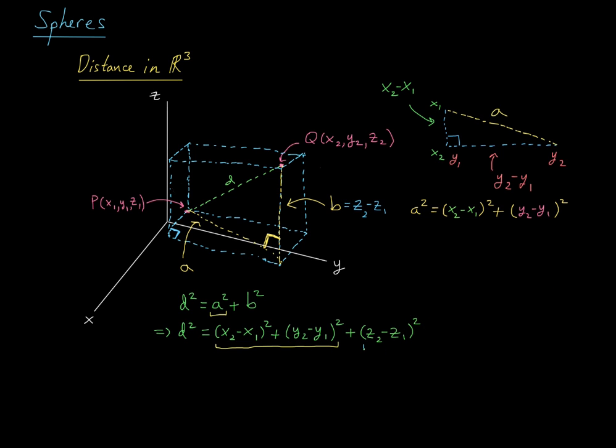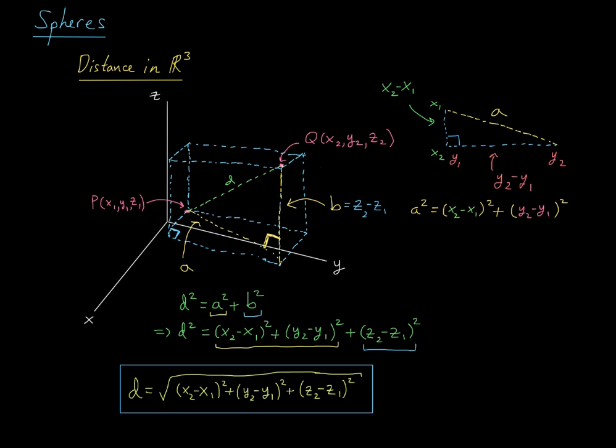Then we can take square roots, and this is simply the distance formula in R3. Notice this looks just like the distance formula in R2, except now we have the addition of the square of the difference in the z coordinates.